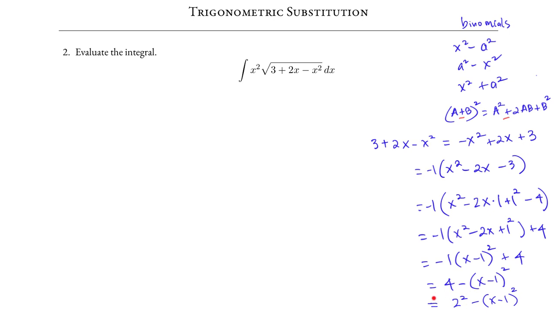We should always double check to make sure that we completed the square correctly. X minus 1 squared is x squared minus 2x plus 1. And so 2 squared minus x minus 1 squared is 4 minus the quantity x squared minus 2x plus 1. 4 minus 1 is 3.